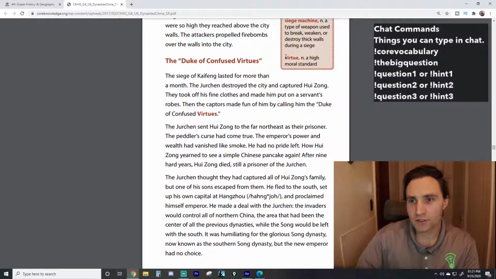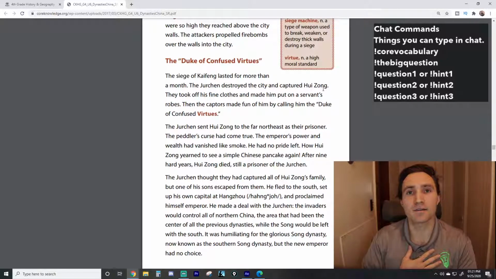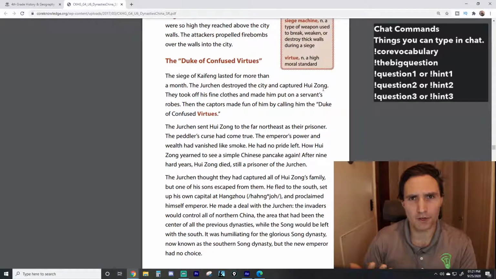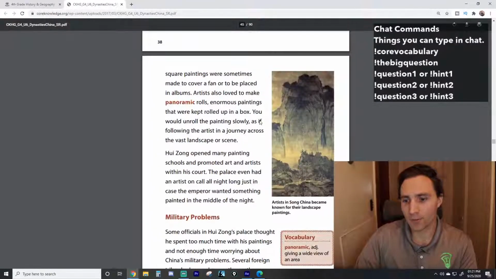Virtue? What is virtue? We have our core virtues, right? In Hojo Academy, we have 8 of them. So the 8 virtues that we have for Hojo Academy, and then also our key vocabulary word is a high moral standard. And so we ourselves, members of Hojo Academy, I should have brought that up earlier. One of our key words is academy, right? And we're a part of Hojo Academy.